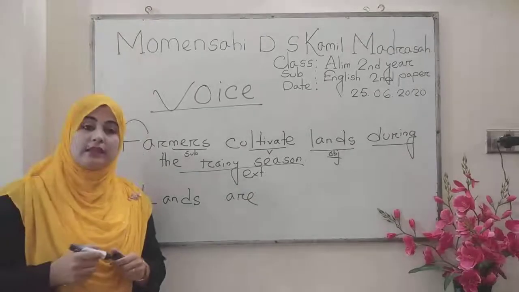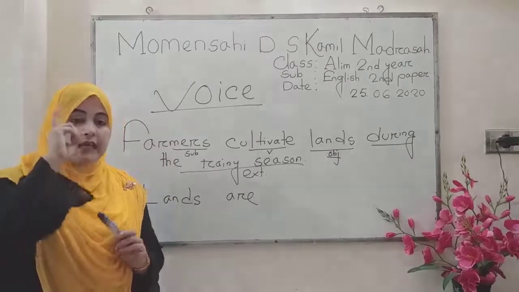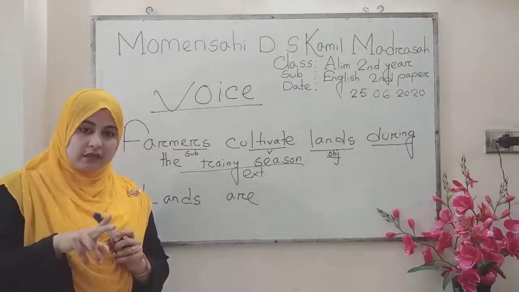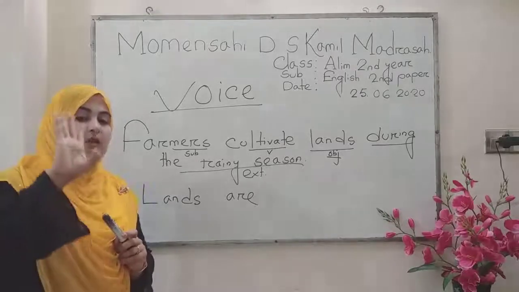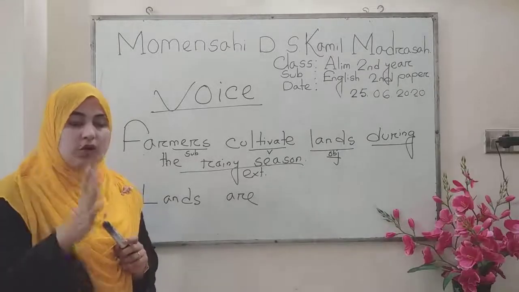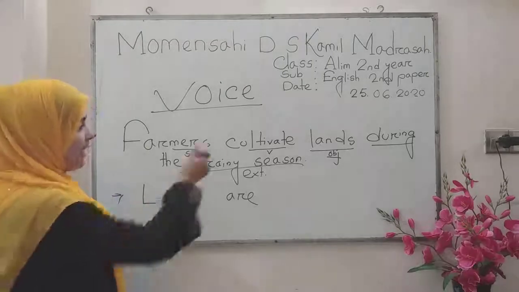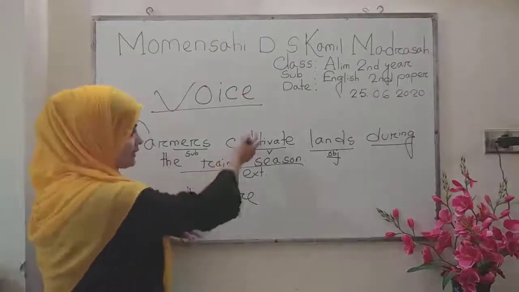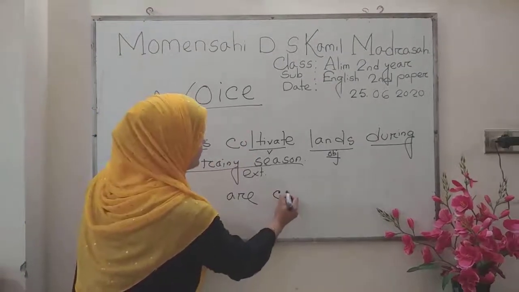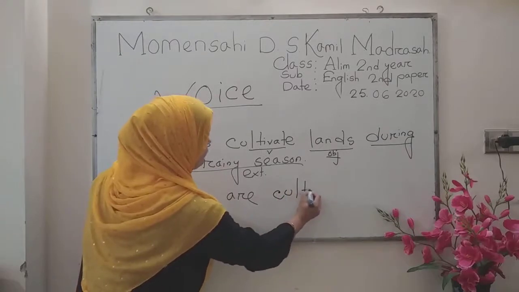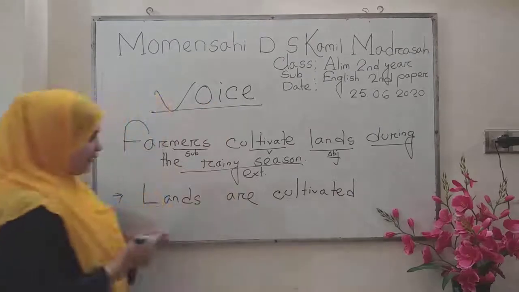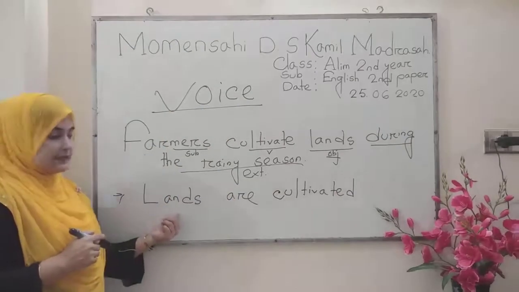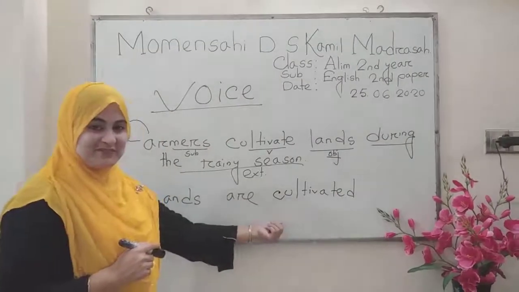And the most important thing is that always in passive voice you have to use the verb's past participle form. Yes, past participle form, that is, cultivate. Here we can use cultivated. Lands are cultivated.